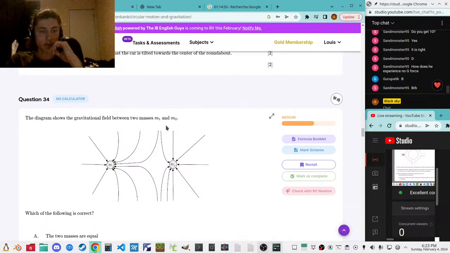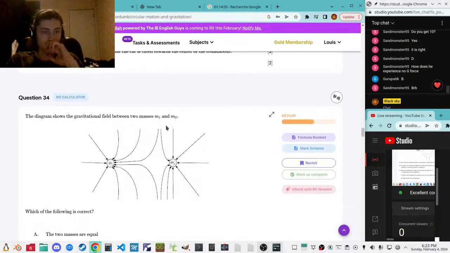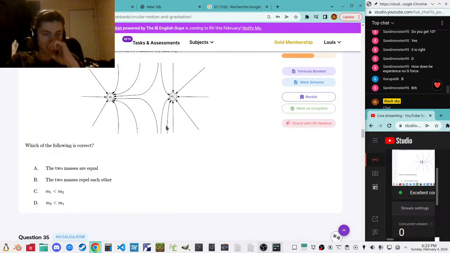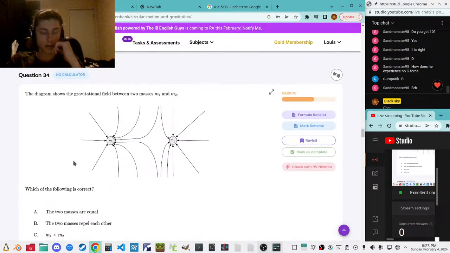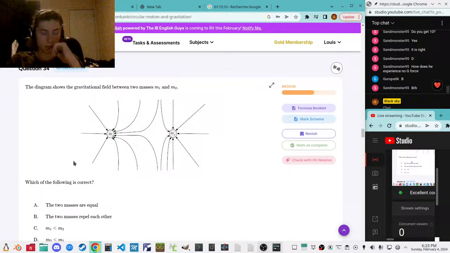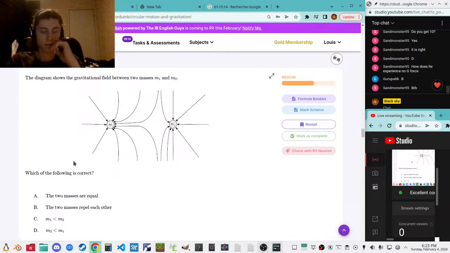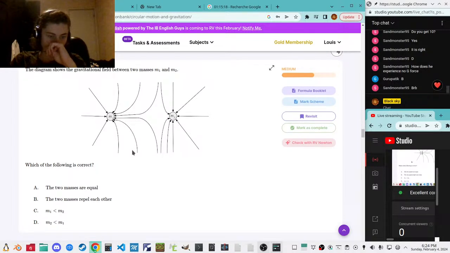This diagram shows the gravitational field between two masses, M1 and M2. Which is correct? The two masses are equal. Let me think. No, there's more line concentration. Two masses repel each other.